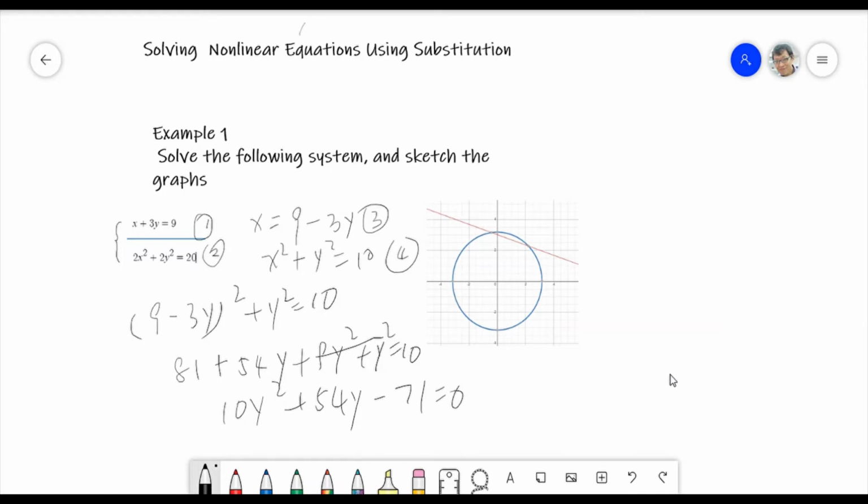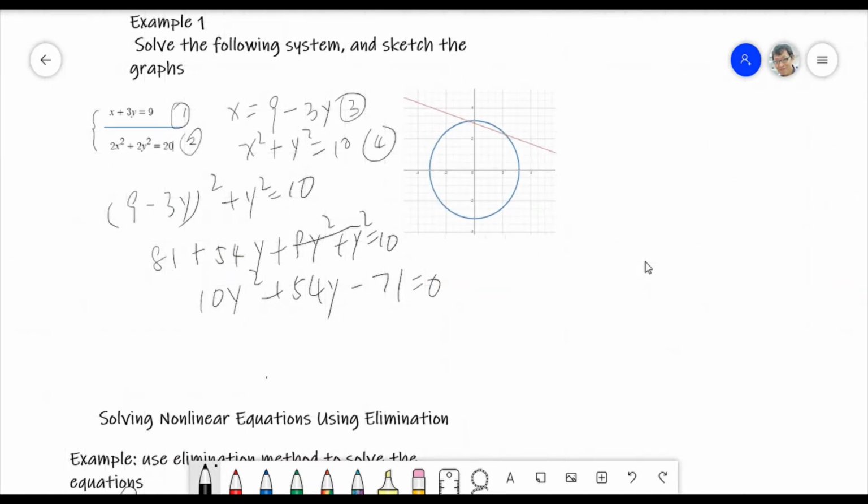Based on this one, we have to use the quadratic formula to solve it.